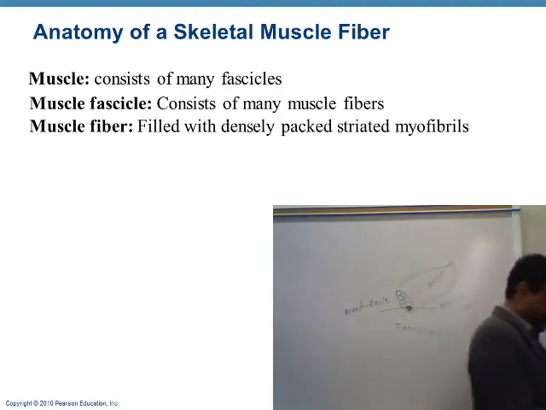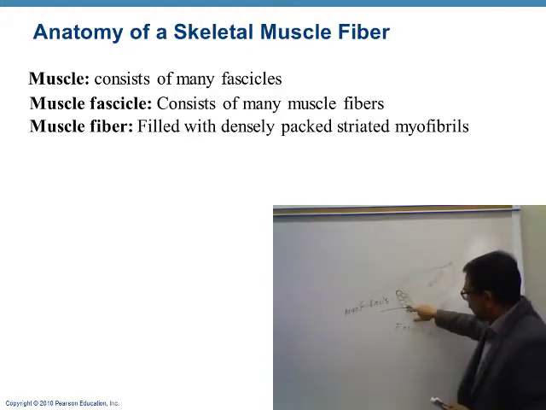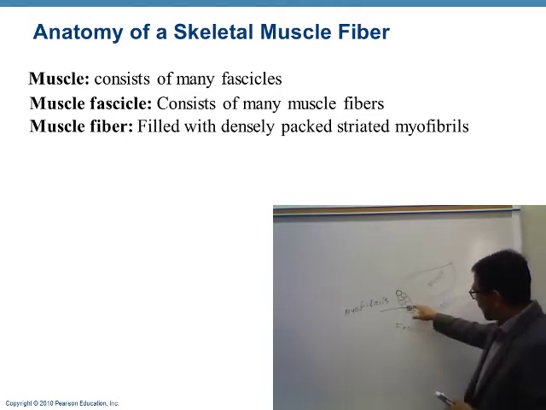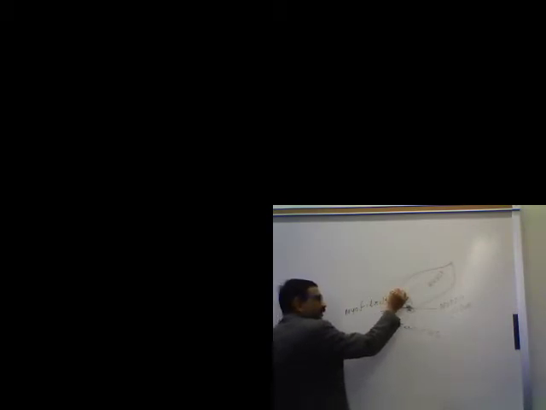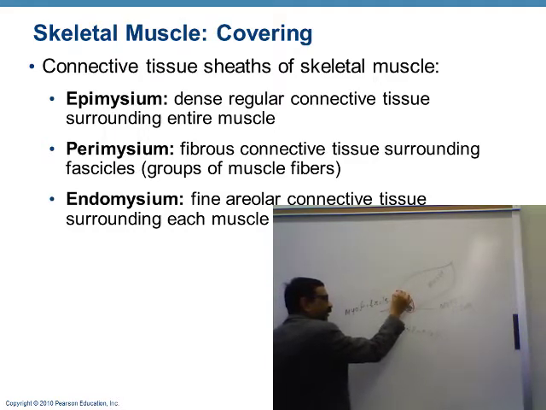So this is how the skeletal muscle structure is. Whole muscle, then fascicles, then inside the fascicles you have muscle fibers. Inside the muscle fiber you have myofibrils. Now, the whole muscle has a connective tissue covering. Also, each fascicle has a connective tissue covering.